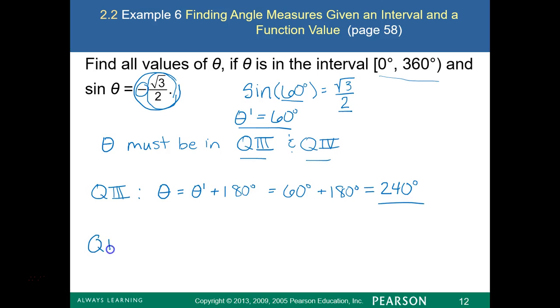In quadrant 4, our angle theta, how we usually find our reference angle that is in the fourth quadrant is take 360 and subtract our 60 degrees. Well, in this case, we do the same thing. We take 360, subtract our reference angle, which is 60 degrees.